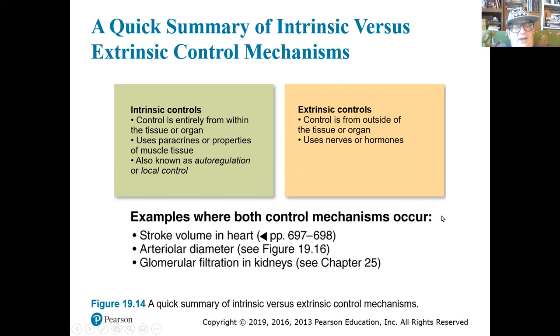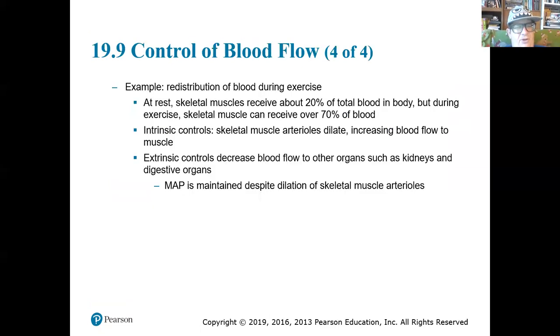Where do both of these happen? Stroke volume of the heart can be controlled by both. Arterial diameter can be controlled by both. The glomerular filtration in the kidneys. So we'll talk more about that when we get to kidneys. But yeah, the amount of flow you have through those fenestrated capillaries in the glomerulus, yeah, that's something that can be controlled.